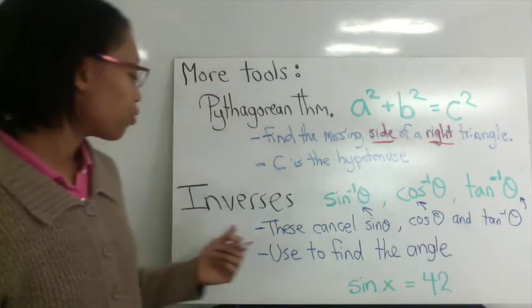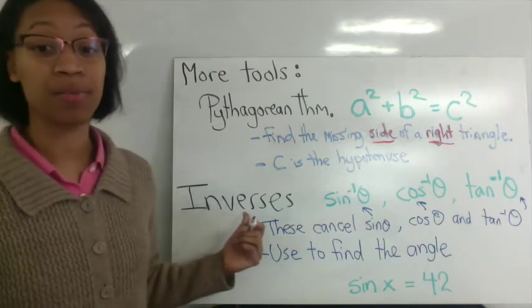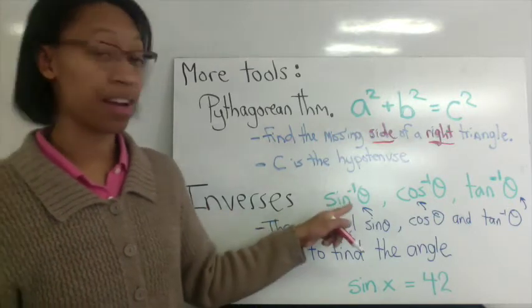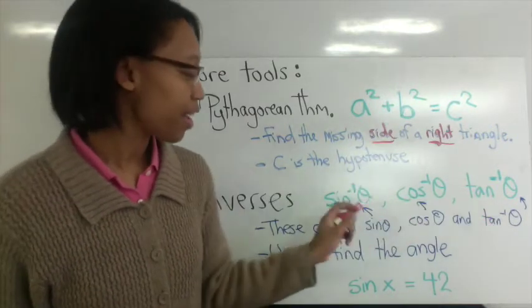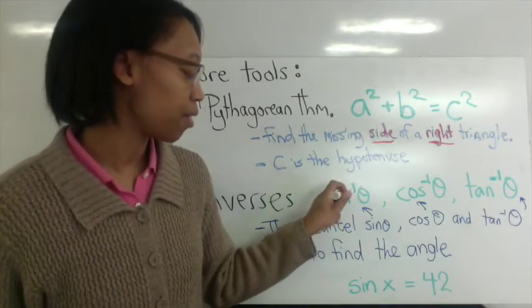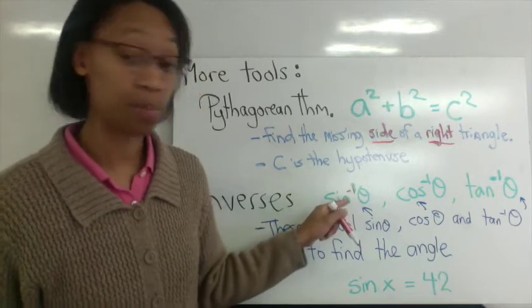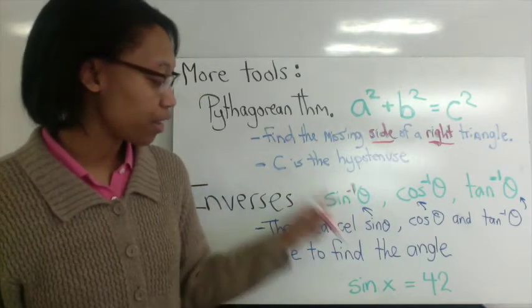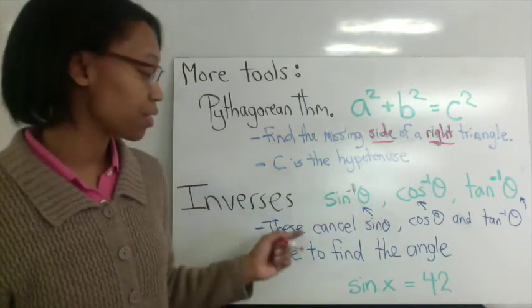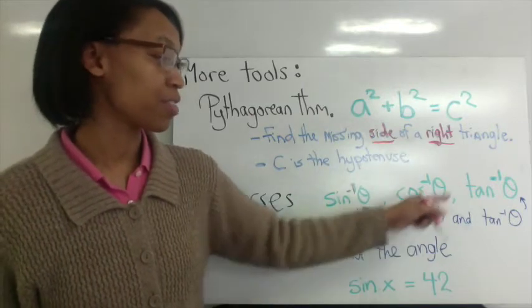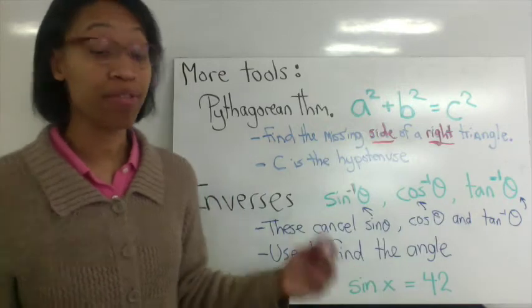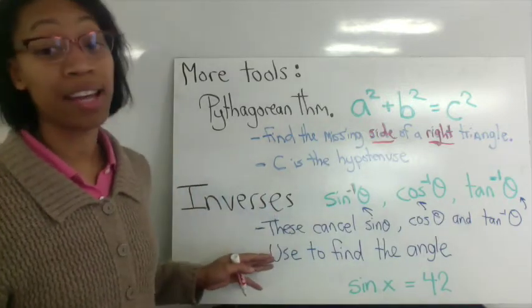Another tool is the inverses. We can use the inverse sine, the inverse cosine, or the inverse tangent, and they have the little negative one in the exponent. Those are inverses, and they cancel the original functions. So inverse sine cancels sine, and inverse cosine cancels cosine. What do we use them for? These are used to find the angle.